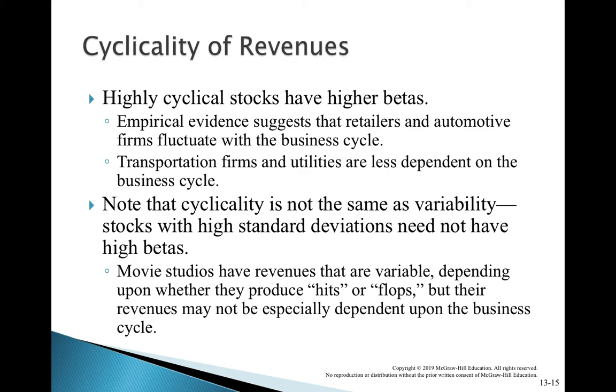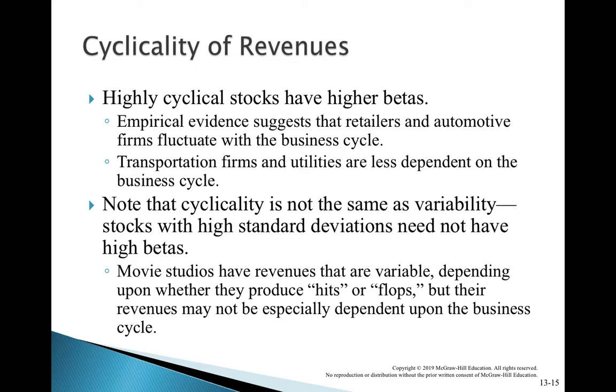Variability is different. For example, a movie studio has revenues that are variable depending upon whether it produces a hit film or a flop film. If hit film, revenue will be more. Flop film, revenue will be less. But it is not cyclical. People will go irrespective of the economy, they will watch. If there is a hit movie, they will go and watch.